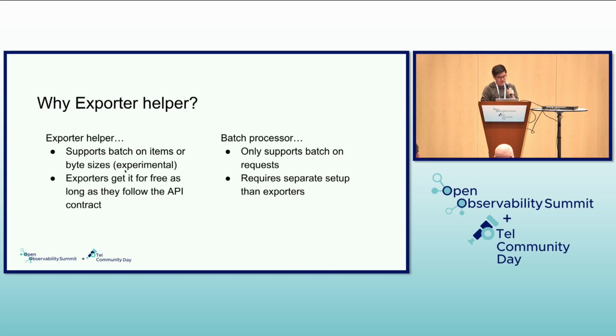Exporter helper also allows you to batch on different settings, either on items or on byte sizes, or by default on the request, while the batch processor only supports batching on request. And lastly, you have to define the batch processor, while for exporter helper you get it for free in the exporter.